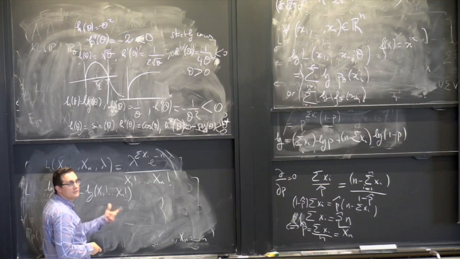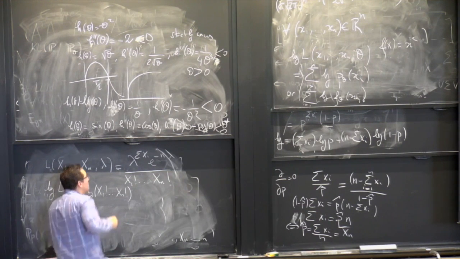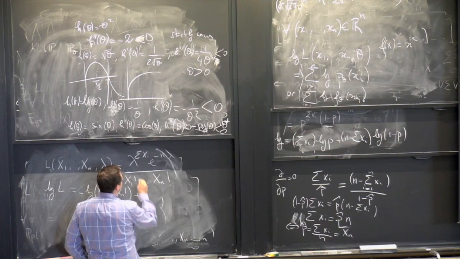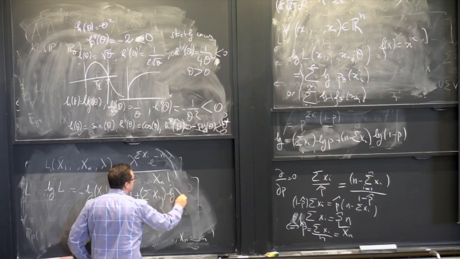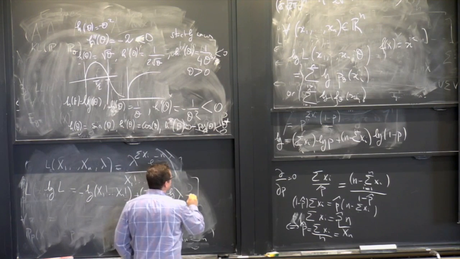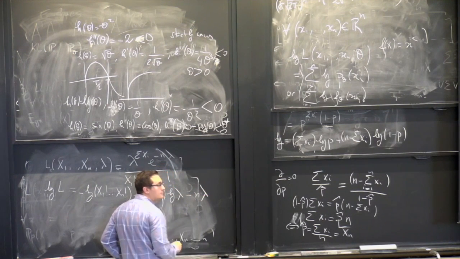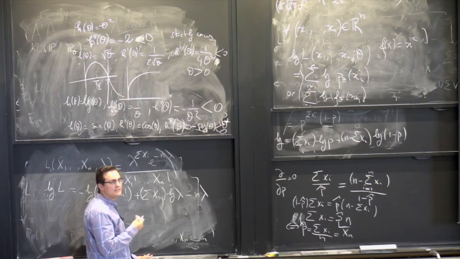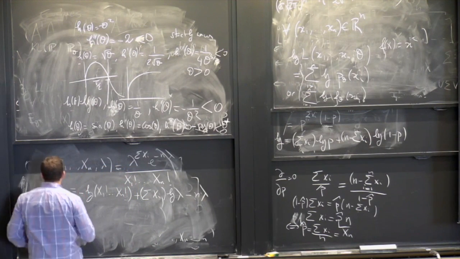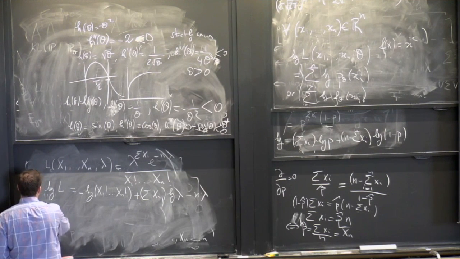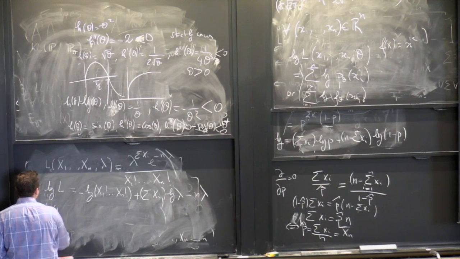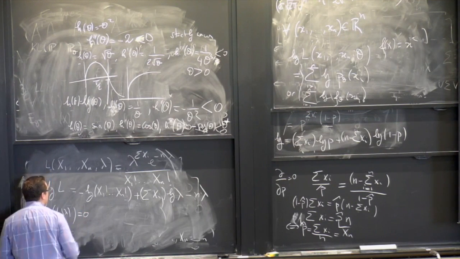So when I take the derivative, that goes away. Then I'm going to have plus sum of the xi's times log lambda, and then minus n lambda. Now let me take the derivative and set it equal to 0. So the partial with respect to lambda of log L at lambda hat equals 0.